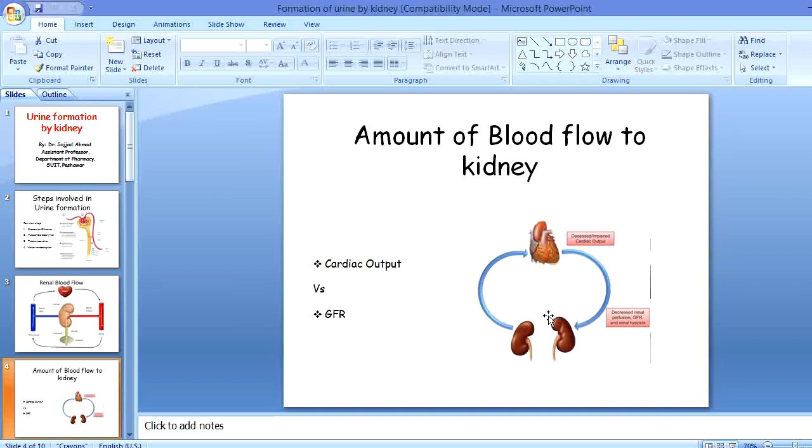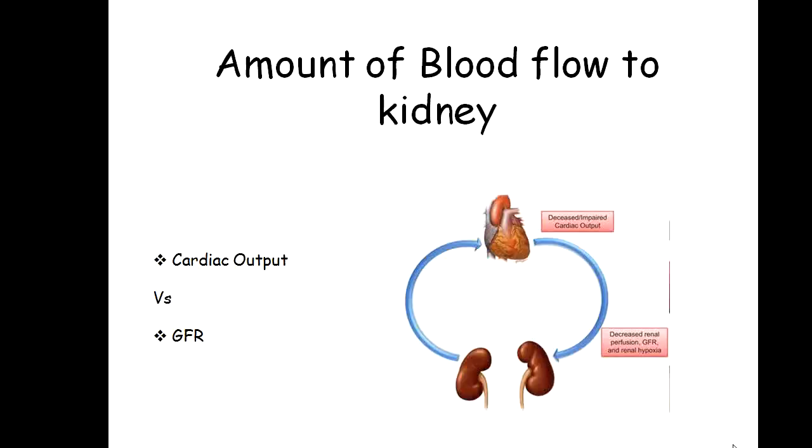Now, this 1 liter of blood goes and reaches the nephrons of the kidney, each and every nephron, combinedly, all the blood is 1 liter. That is for unit time, or per minute.